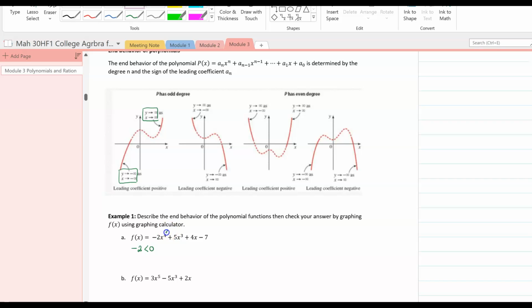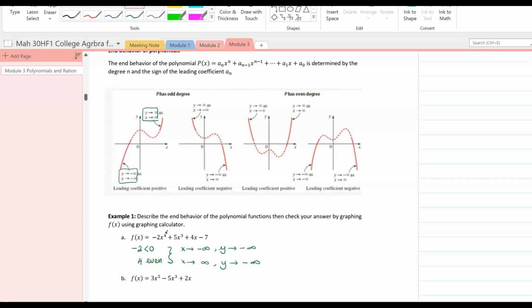And the highest degree of the polynomial is 4, which is even. This is telling us that when x goes to negative infinity, y also grows to negative infinity. When x grows to positive infinity, y also goes to negative infinity.